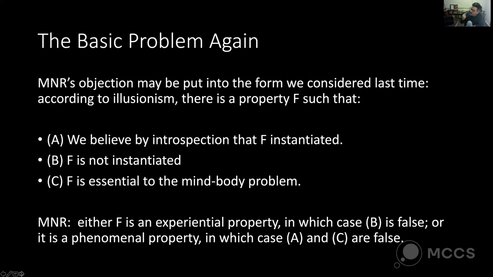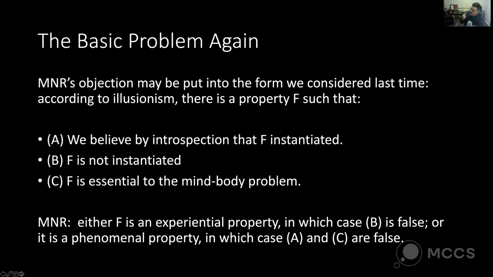Or take the property of being red. It's not crazy to think that somehow or other when you perceive a red thing, that bears some constitutive connection to the property of being red. So perhaps, for example, a perceiving of a red thing involves representing something as red, or perhaps being in a state that would be accurate if and only if you were seeing something red, something that had the property of being red.